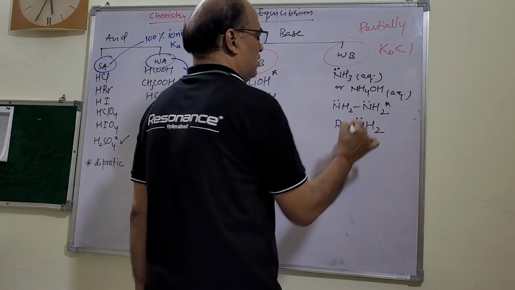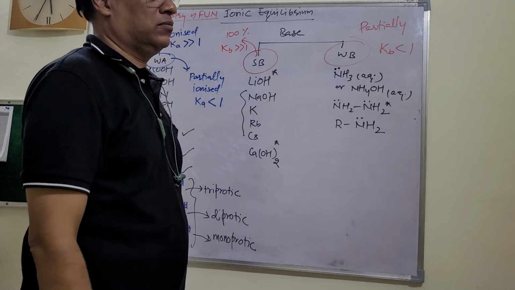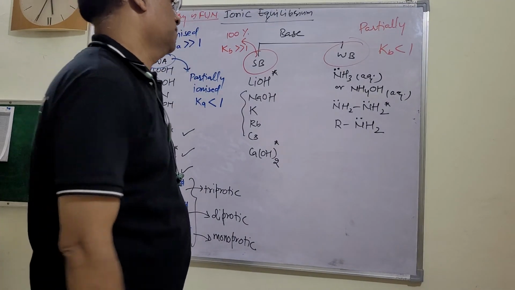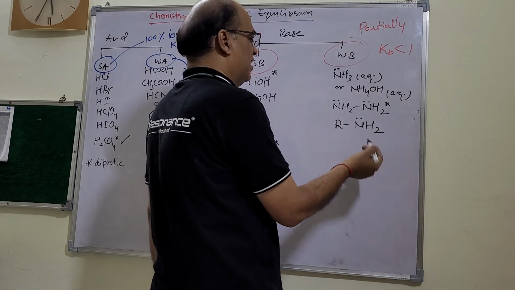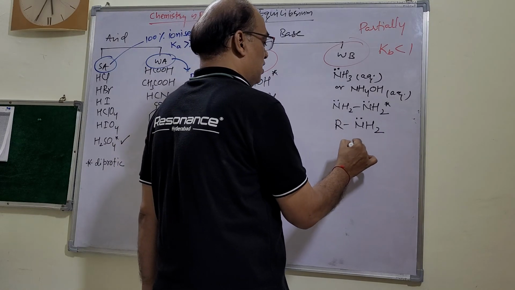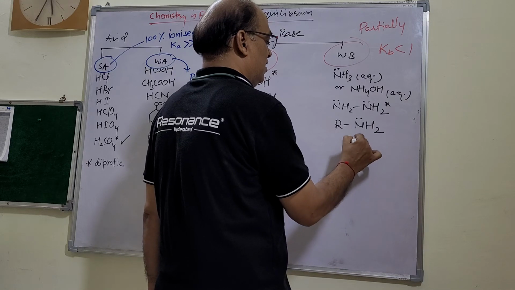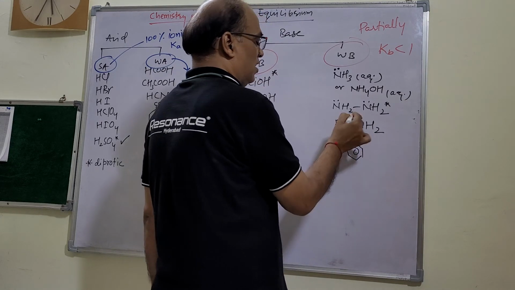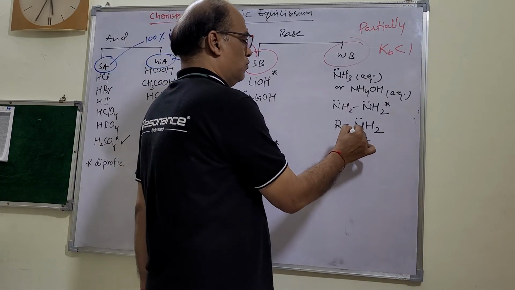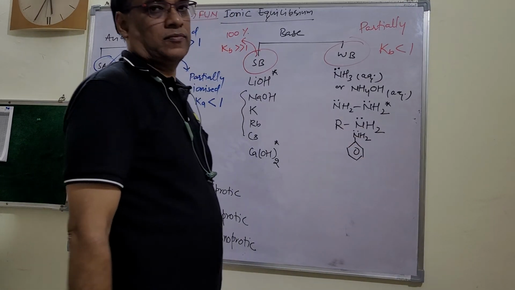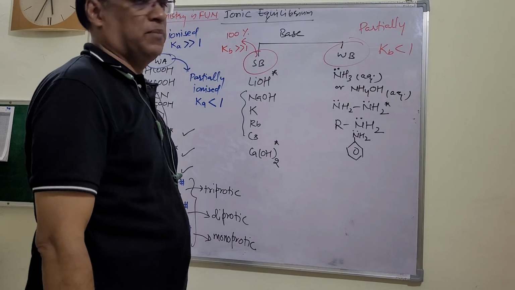That is a different story that will be explained in your GOC part. R may be any alkyl group, or any aryl group also. Then we have aniline, already included. R may be alkyl or aryl. Also 1 lone pair like this. So most of the time they have amines.